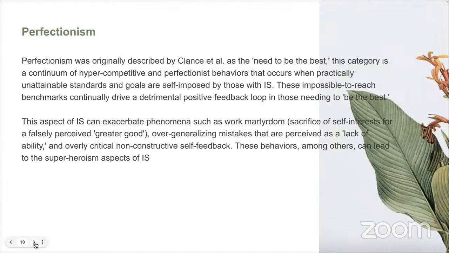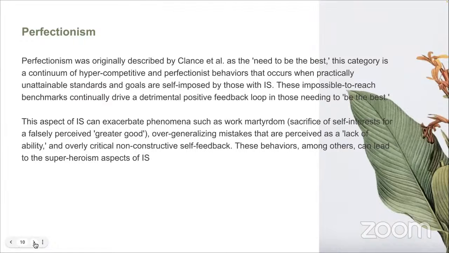So the first thing that we have here is perfectionism. Perfectionism was originally described by Clance et al. as the need to be the best. This category is a continuum of hyper-competitive and perfectionist behaviors that occurs when practically unattainable standards and goals are self-imposed by those with imposter syndrome.